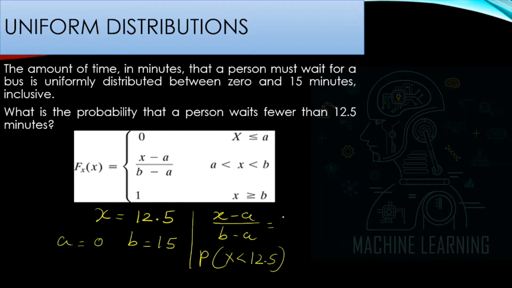We just have to put all the values inside, which means 12.5 minus 0, divided by b minus a, which is 15 minus 0. So you're actually calculating 12.5 upon 15, which comes to about 0.833. So this is the probability, and that is your answer.